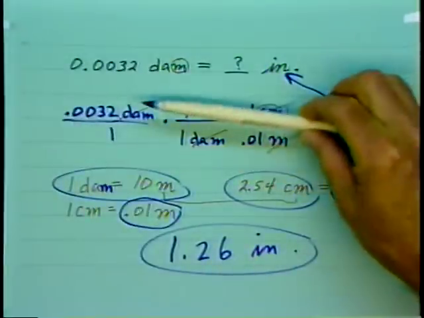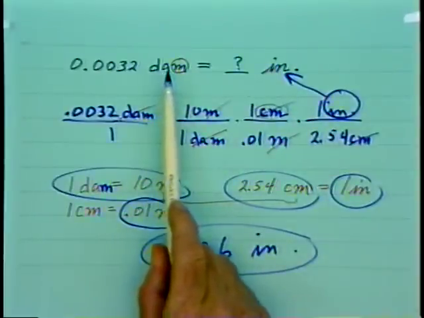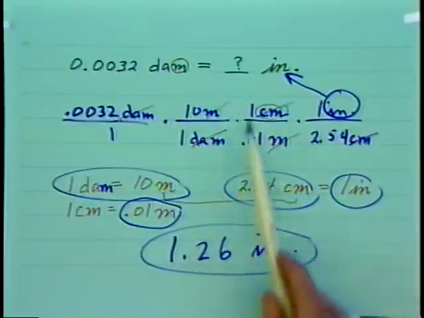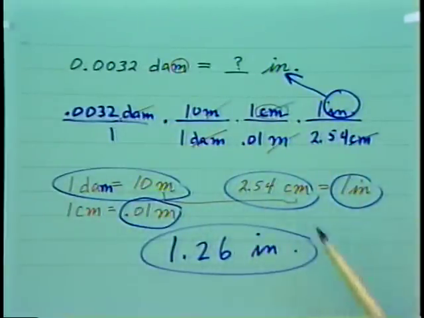Once you see the strategy, you can realize I can translate from anything I wish to anything else I wish by repeated multiplications of 1 and by facts which I get out of conversion tables. It's really just that simple.